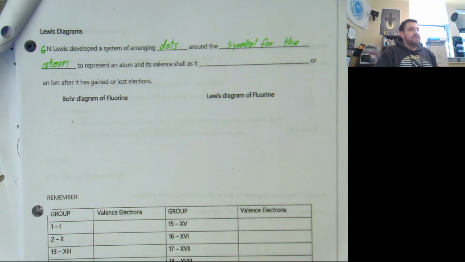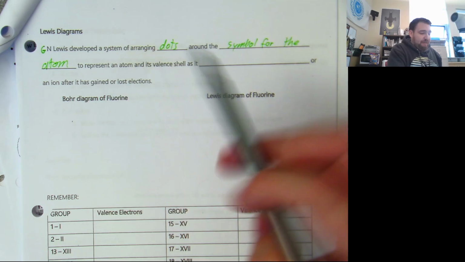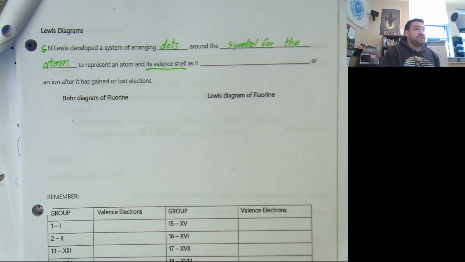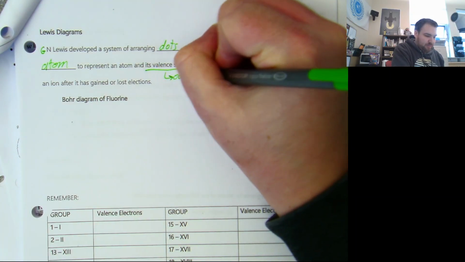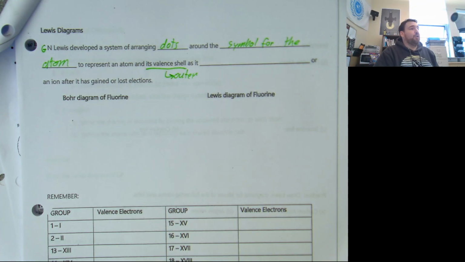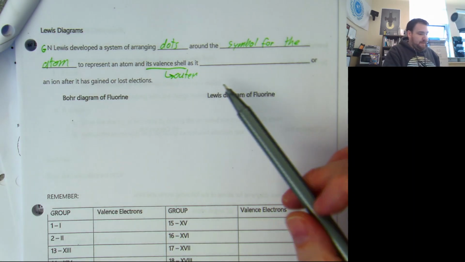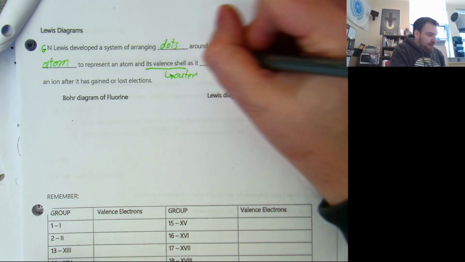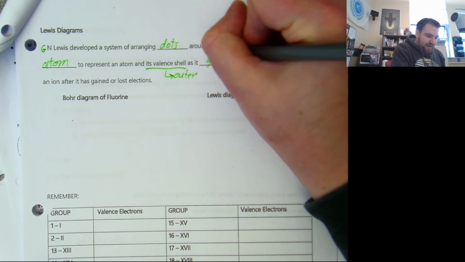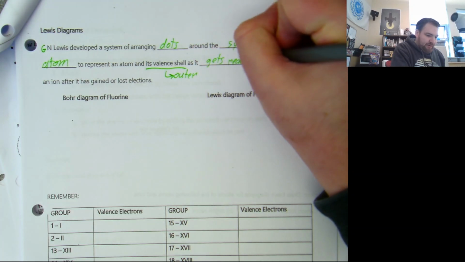That's the first step to shortening up the work. And instead of representing everything, all we're going to represent is the valence shell, just that outer shell, and ignore everything underneath. We'll put the dots around the symbol for the outer shell as whatever atom you're working with gets ready to bond, because that's all we care about.